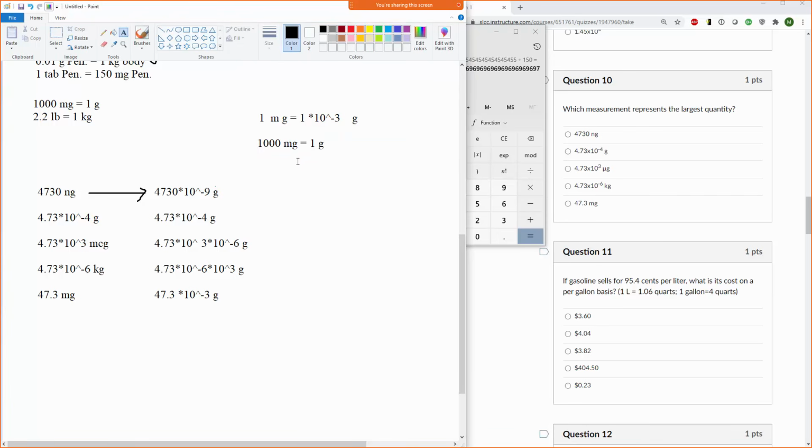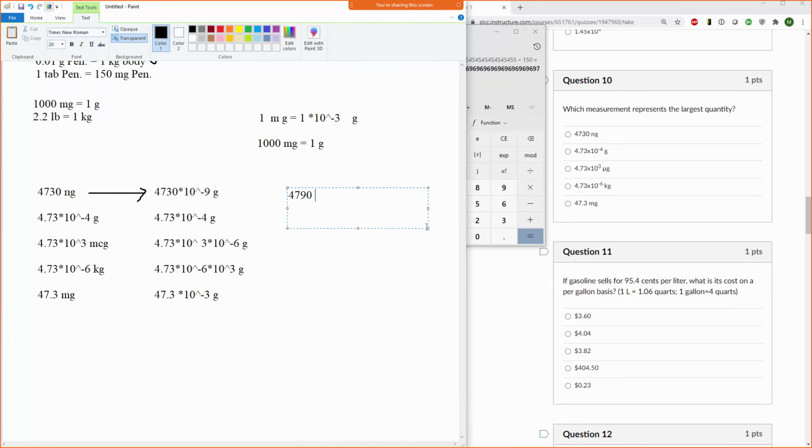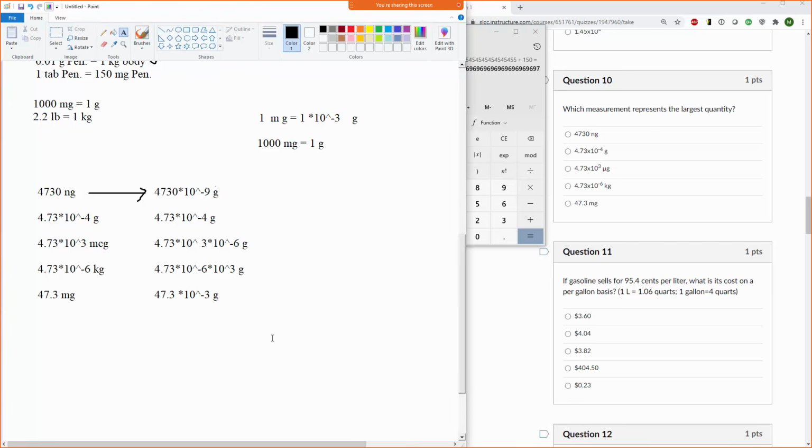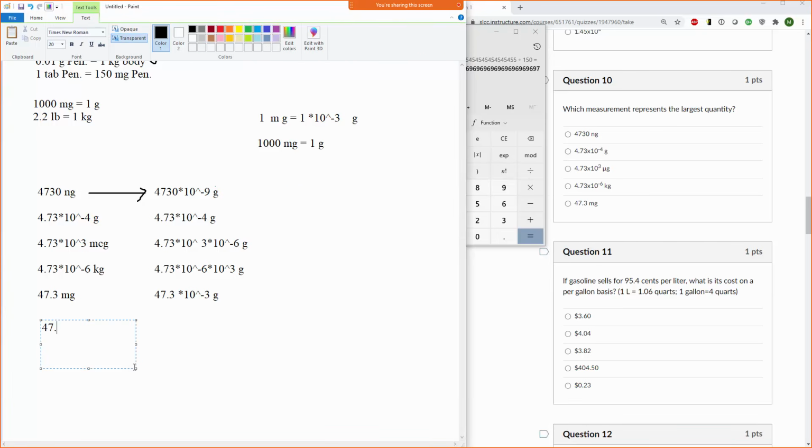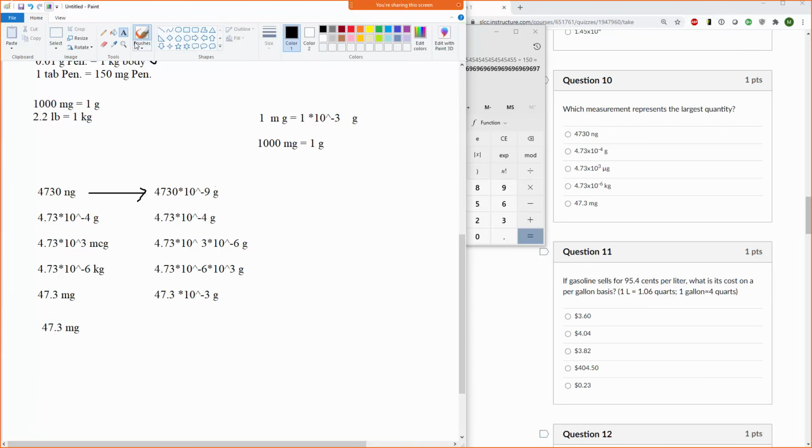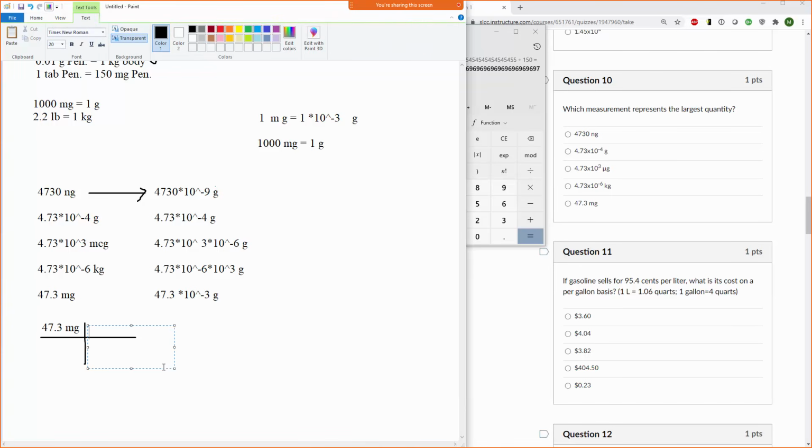If you would rather use this, then what you would need to do is just do that conversion. For instance, 47.3 milligrams. And then you're going to do a little dimensional analysis and say, okay, well, 1 gram has 1,000 milligrams, if you'd rather use that.